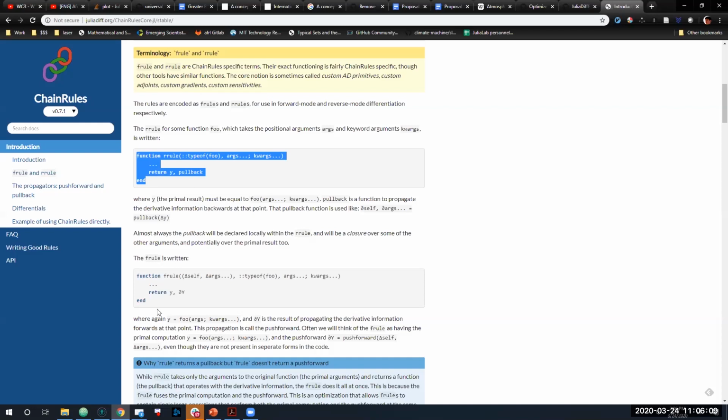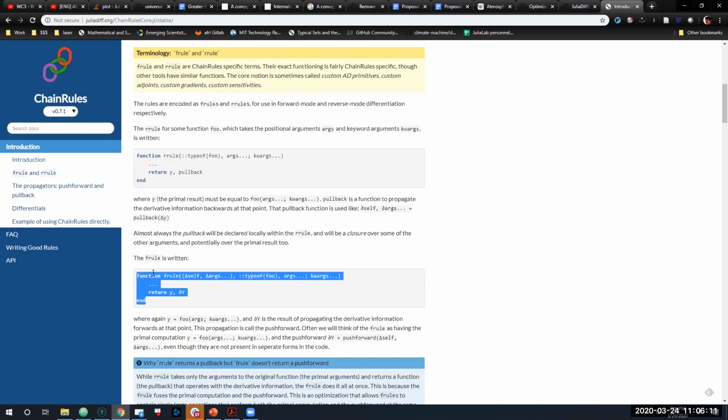So if you just add these dispatches, right? Julia is a multiple dispatch language, which sees what types you have defined in order to tell you which function to call. If you define these dispatches on rrule and frule, these will automatically get put into the backpass of things like Zygote or ForwardDiff2 or these other packages.